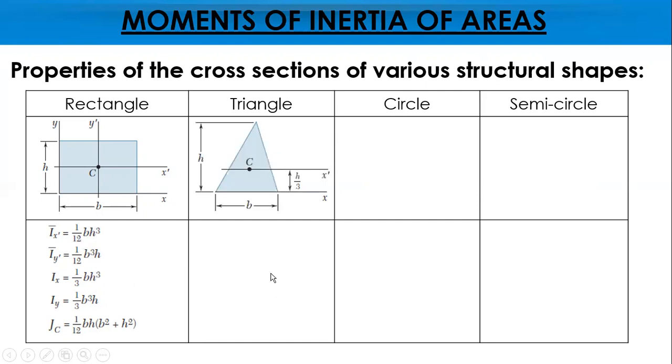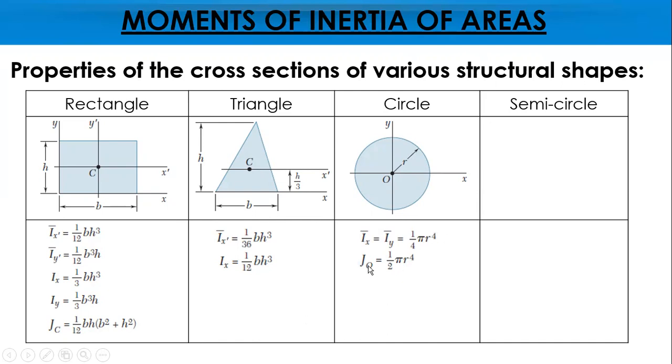For a triangle, such as this, one side is along the x-axis or sometimes parallel. But for a right triangle, we can have an expression of Iy. This expression is with respect to the x-axis, and this one is with respect to the centroid. And we also have this for a circle.